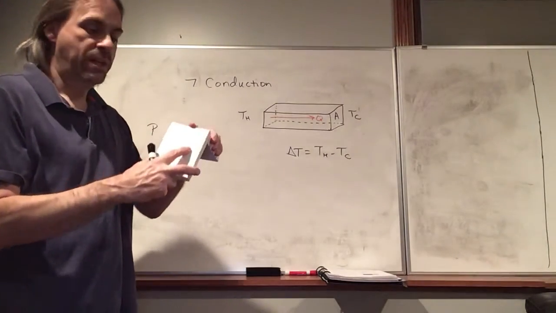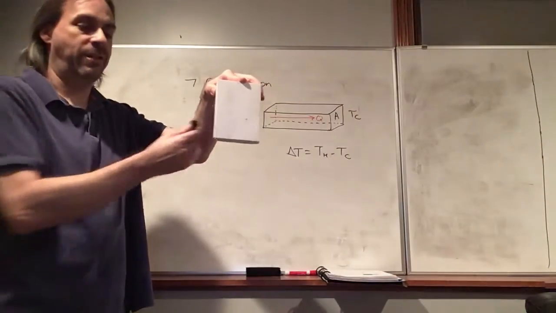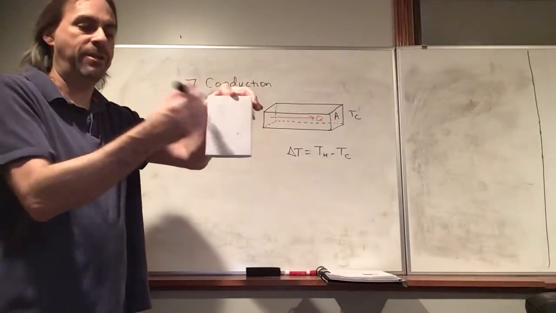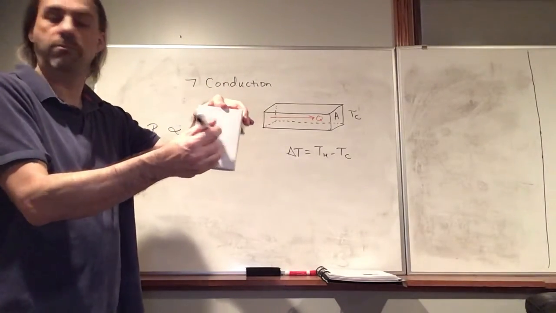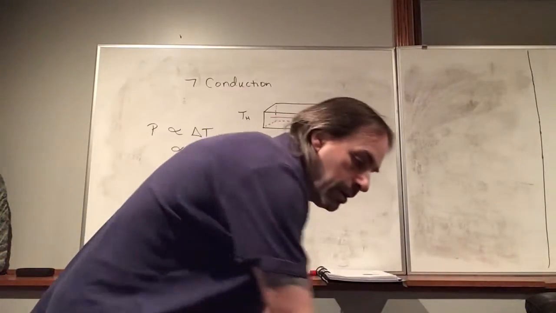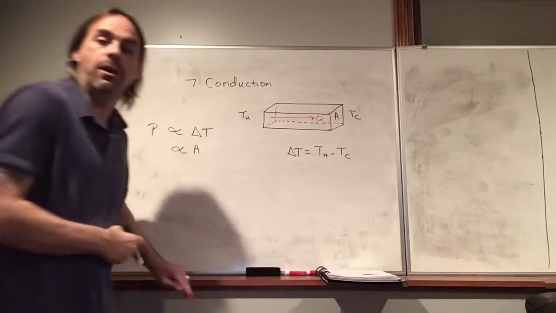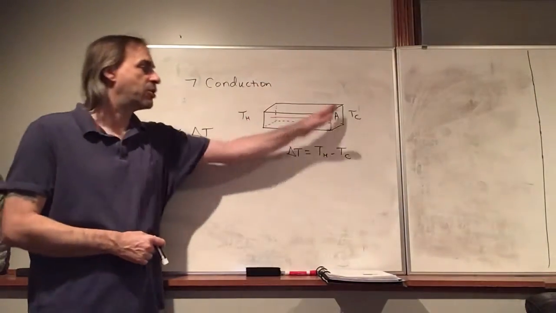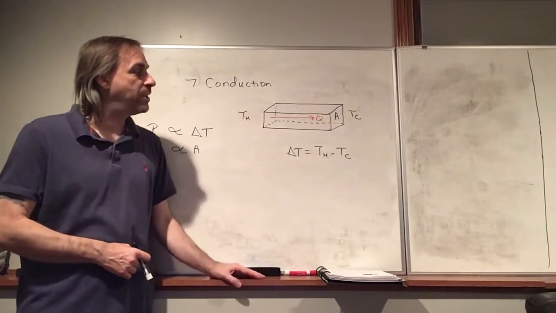But say this was like a rectangle in this direction. So you're looking at it, so like heat's flowing towards you. So this cross-section area is perpendicular to the direction that the heat is flowing. So yeah, we have to make sure we know which area we're talking about, because another area that we could be talking about would be the surface area of this object. But no, we're talking about this cross-section area.